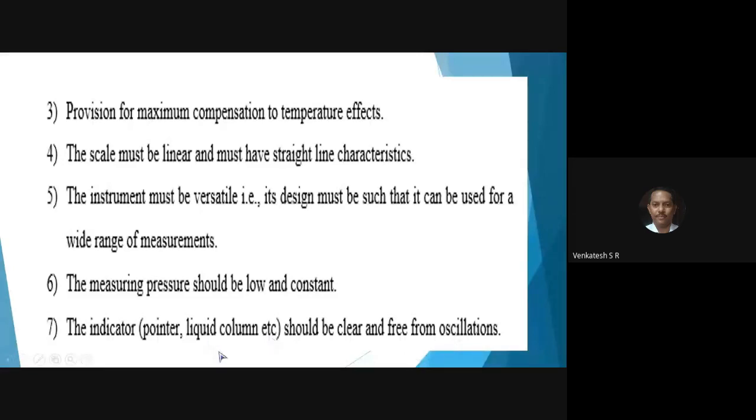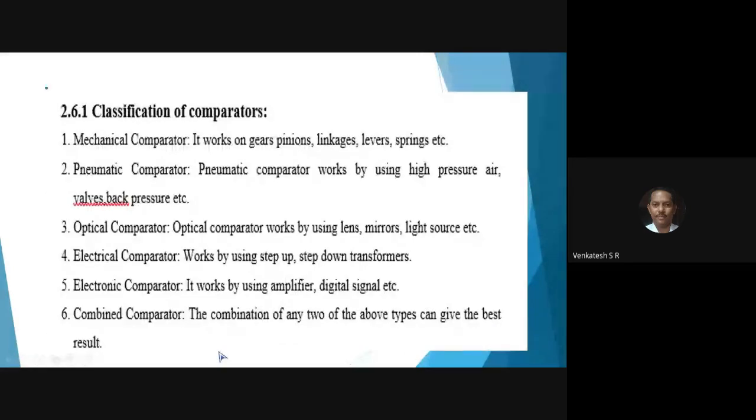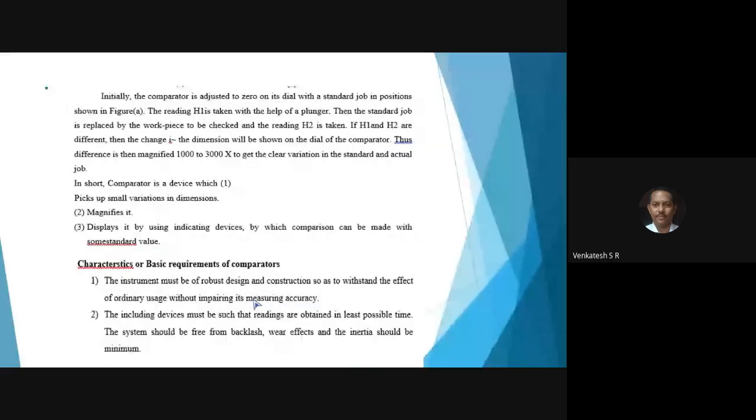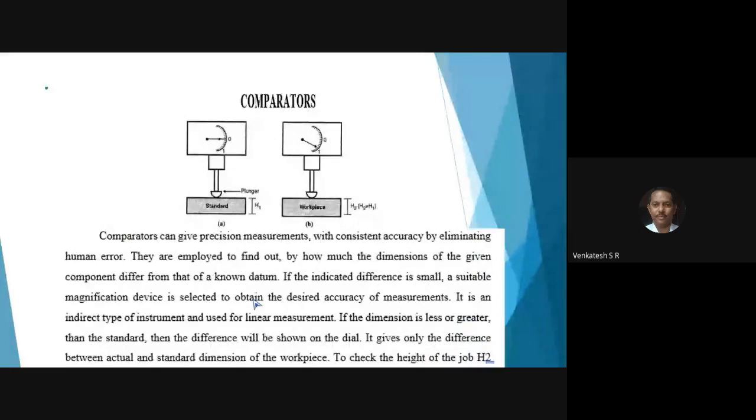Next, come to the classification of comparators. Please, all of you, write down the question. I told you earlier, please keep a 200 pages king size notebook along with the mobile or laptop.